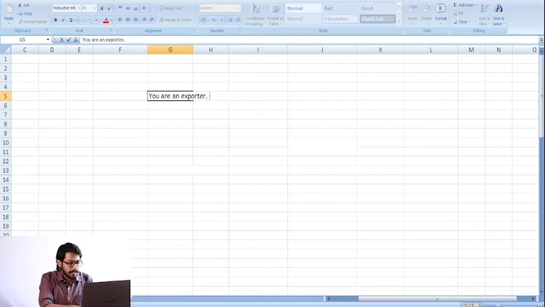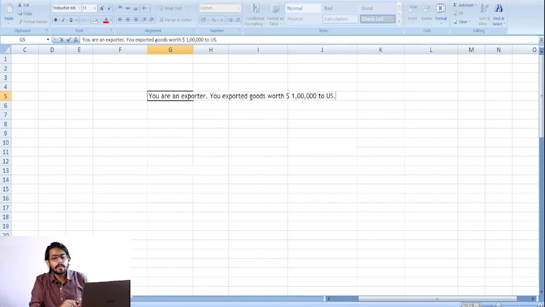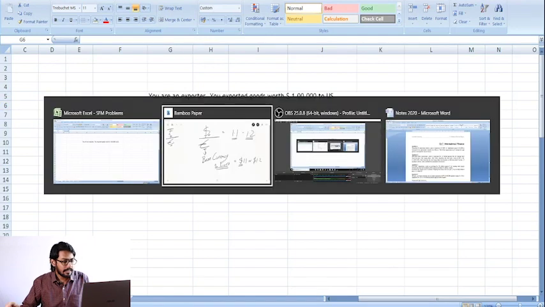You are an exporter. You exported goods worth $1 lakh to the US. I think I'll write it over here.